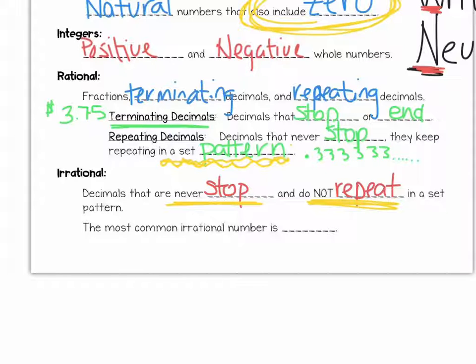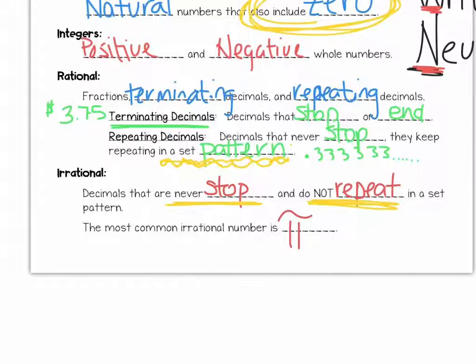And so, for example, the most common one that we see all the time in math has to do with circles, and that is pi. Okay? And now when you think pi, back in 7th grade, you used 3.14.